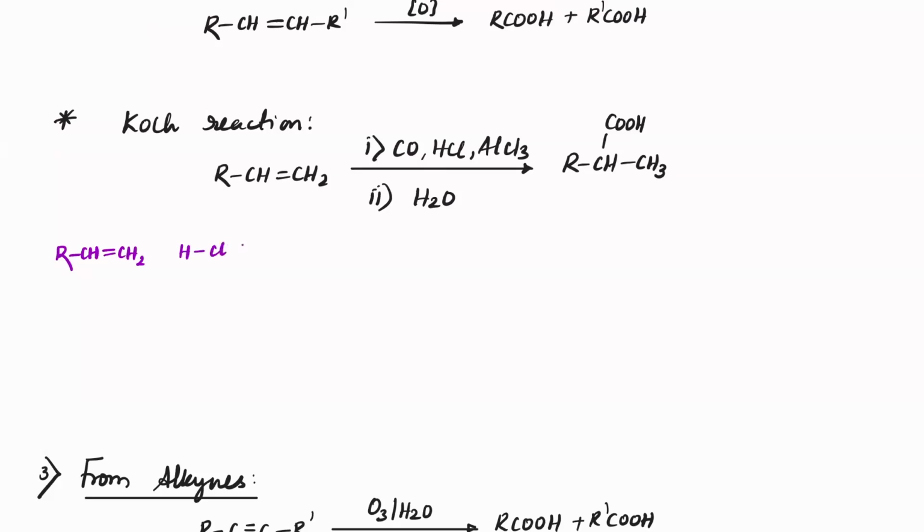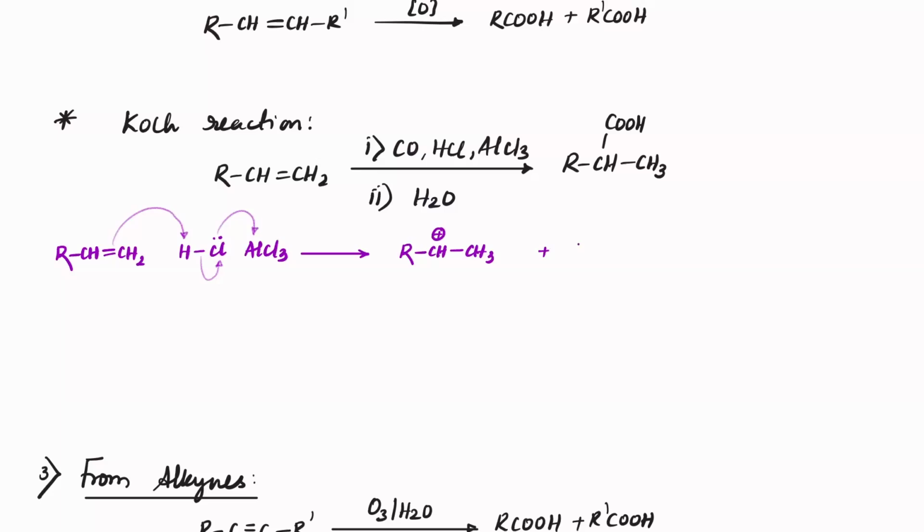If you see HCl with AlCl3, the lone pair of chlorine can connect here. That will break this bond, and that's when the pi bond can connect from the other end. This will create a carbocation, RCH+ and CH3, following Markovnikov's addition.